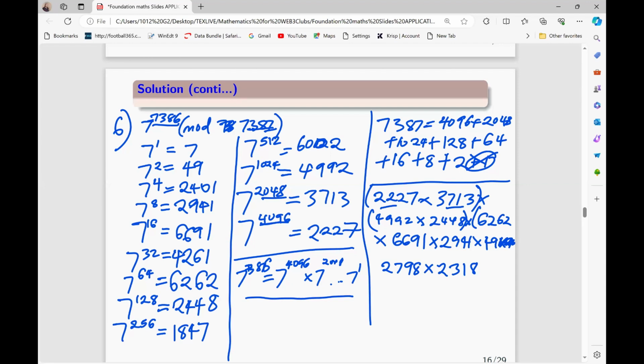Our value is going to be 7365, and then 2941 times 49 mod 7387.